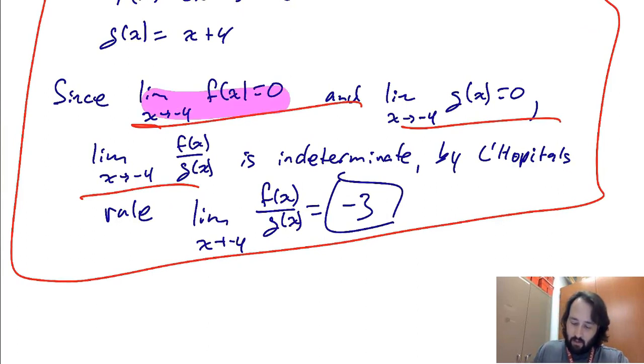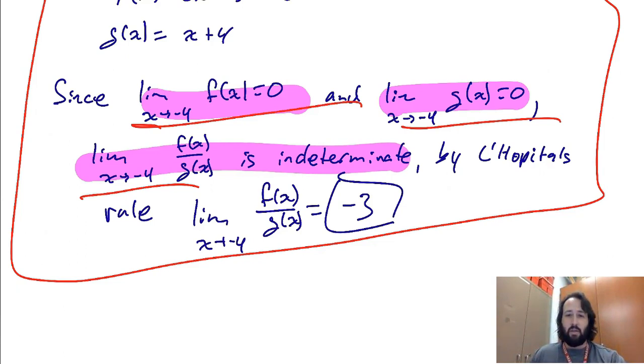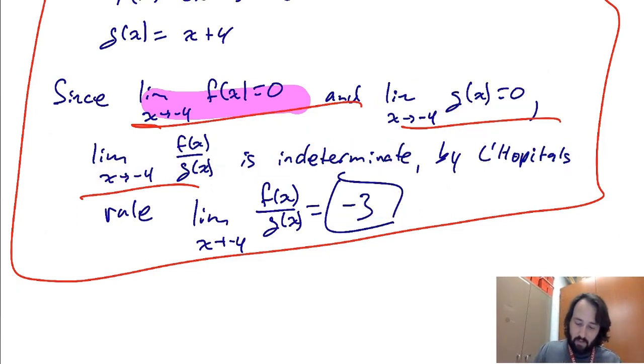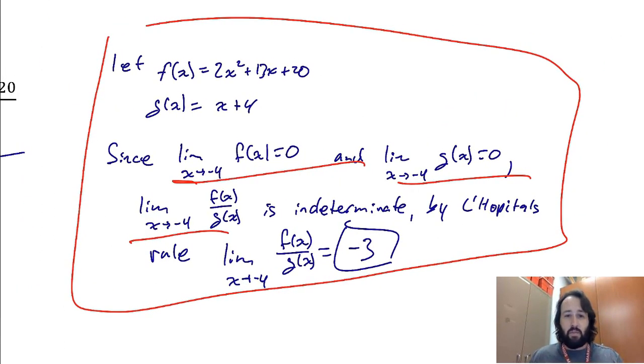They need f of x is 0, g of x is 0. They need to know that this is indeterminate. Then they need to know that you're using L'Hopital's rule to evaluate the limit. This is such a pain in the butt, but they have done this on a free response question in the past. So if you see this free response, you need to show all 3 parts.